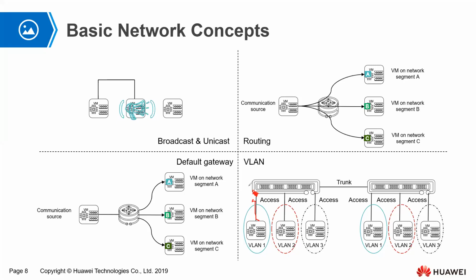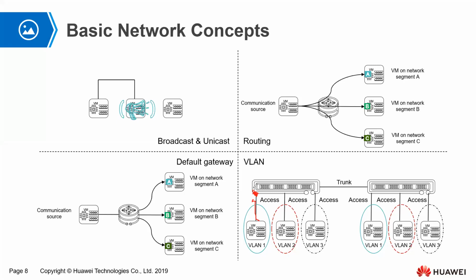So let us look at when it is receiving a tagged frame. What will happen if our access interface is receiving a tagged packet? If the VLAN ID of the tagged packet is the same as the port VLAN ID of the interface, then receive the packet.